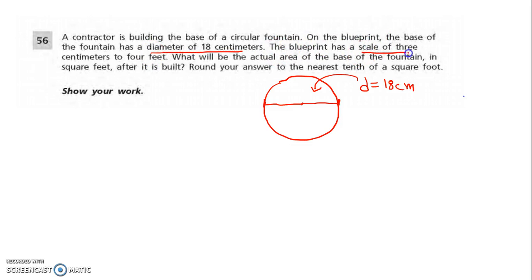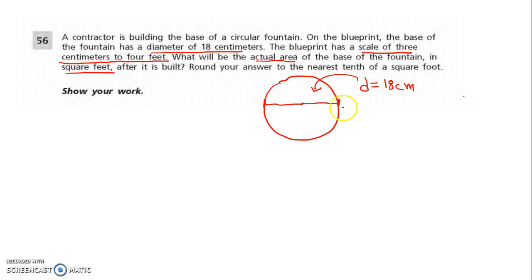They give us a scale of 3 centimeters. Each time you hit 3 centimeters, that represents 4 feet. What will be the actual area of the base of the fountain in square feet? Okay, so now we have to take our picture and figure out the diameter in feet so that we can find the actual area in square feet, and then we'll round to the nearest tenth.